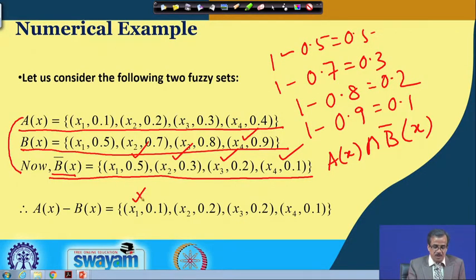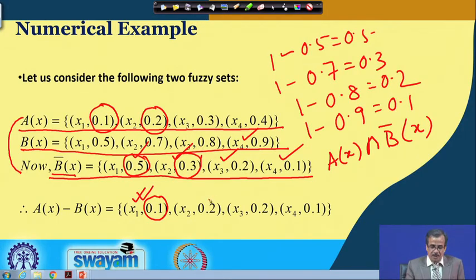Now, corresponding to this x1, what I will have to do is compare this 0.1 with your 0.5, and we will have to consider the minimum, and that is nothing but 0.1. Then corresponding to x2, I have got 0.2 and 0.3 here.